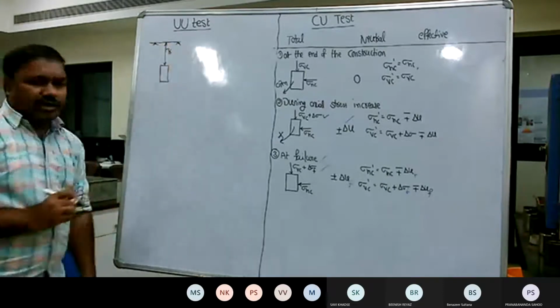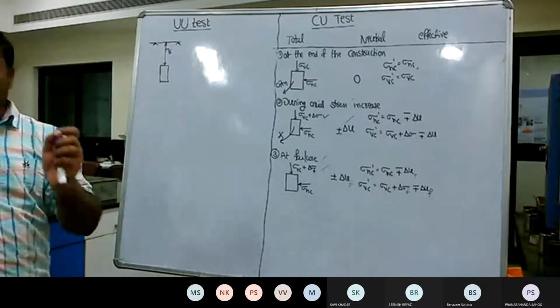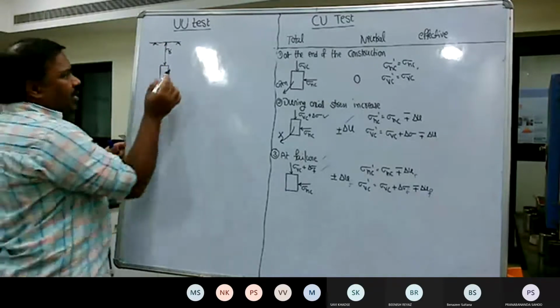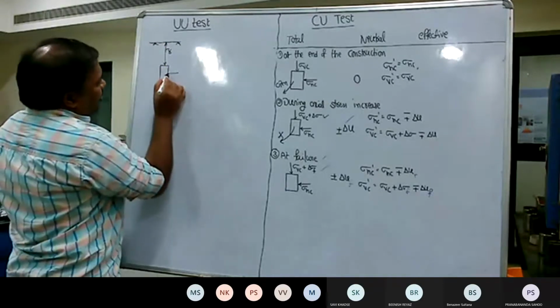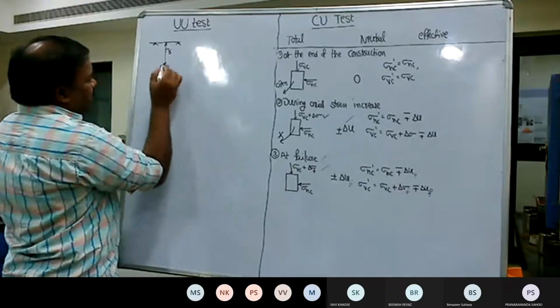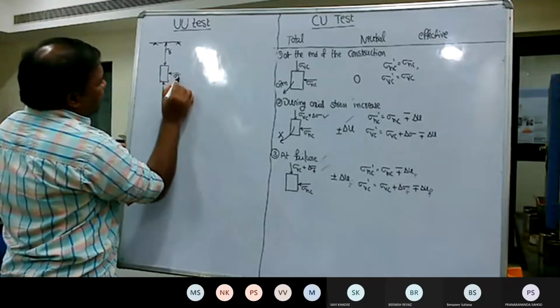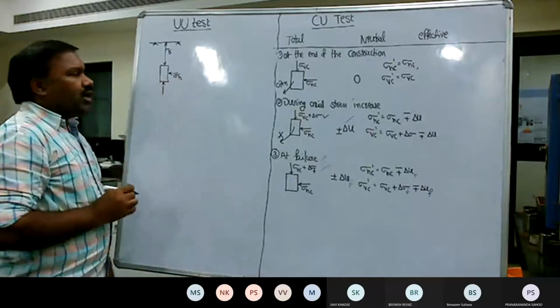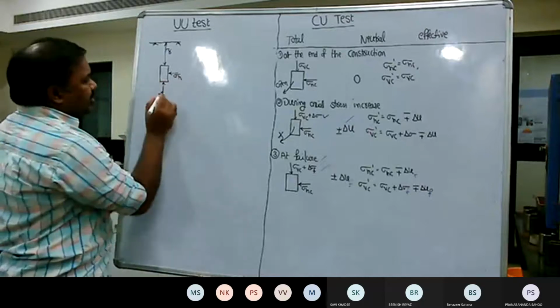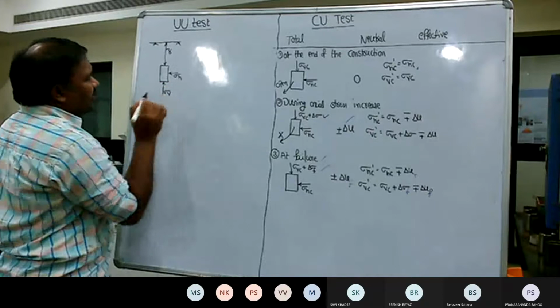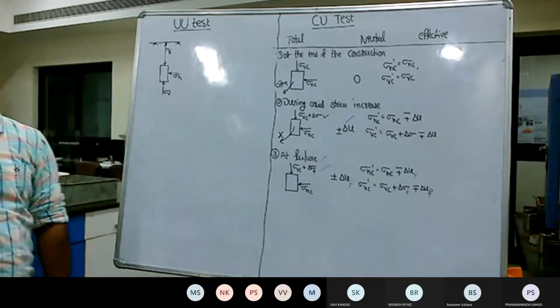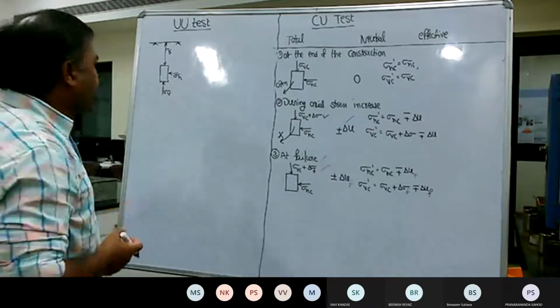Initially, I want to collect a soil sample from that depth. If you draw the free body diagram of this soil sample, as you know, it is initially subjected to the lateral stress, sigma h, and the vertical stress, sigma v.